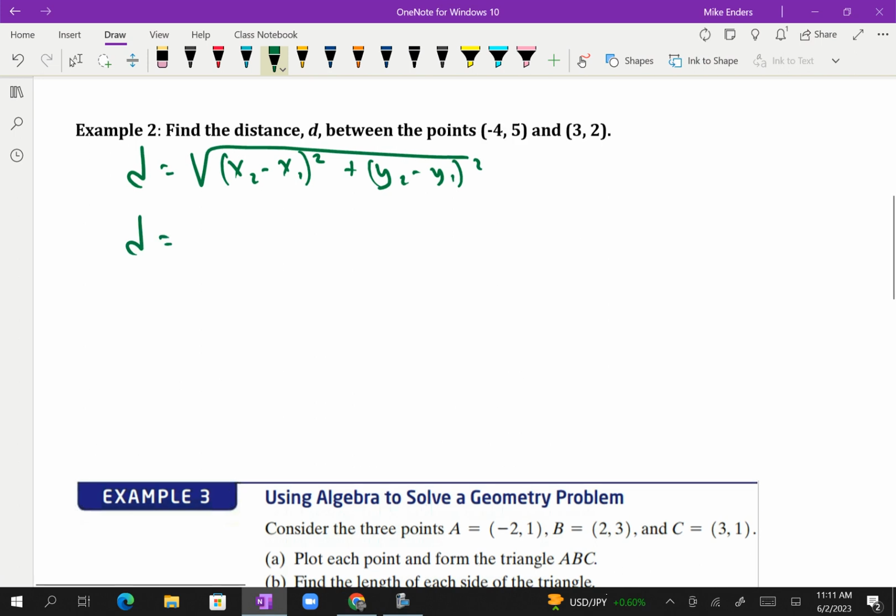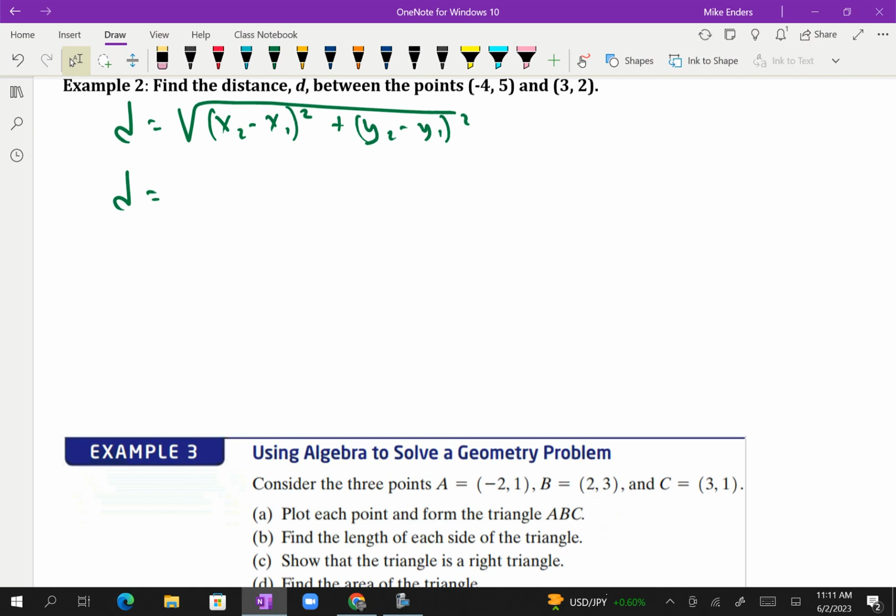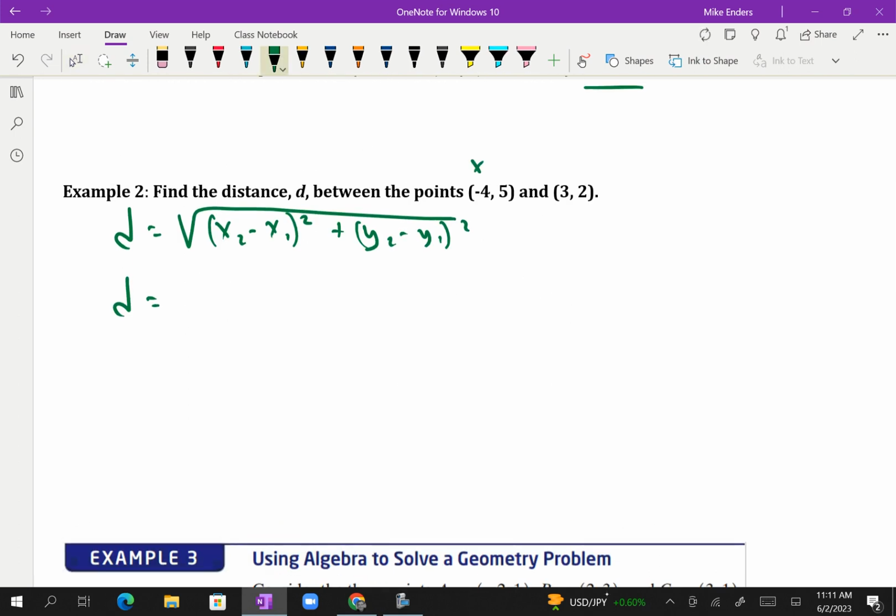As a matter of notation here, we've got a couple of points. So this will be x1 and y1, and there's x2 and y2. So just designating one as our first pair of points, x1, y1, and x sub 2, y sub 2 as our second pair of points.